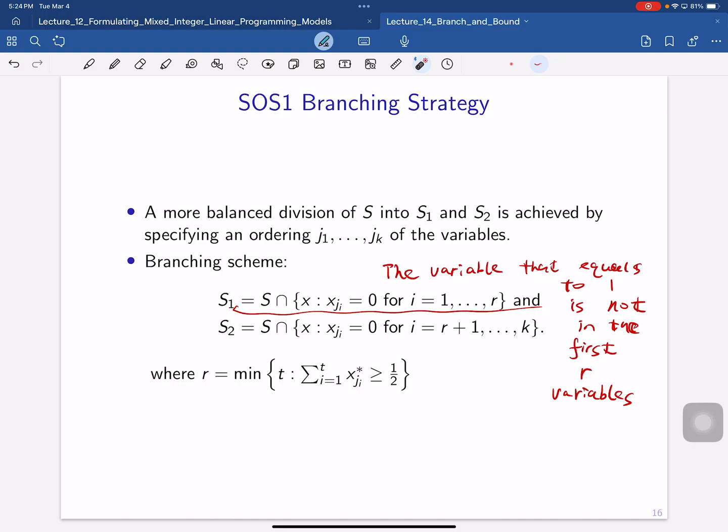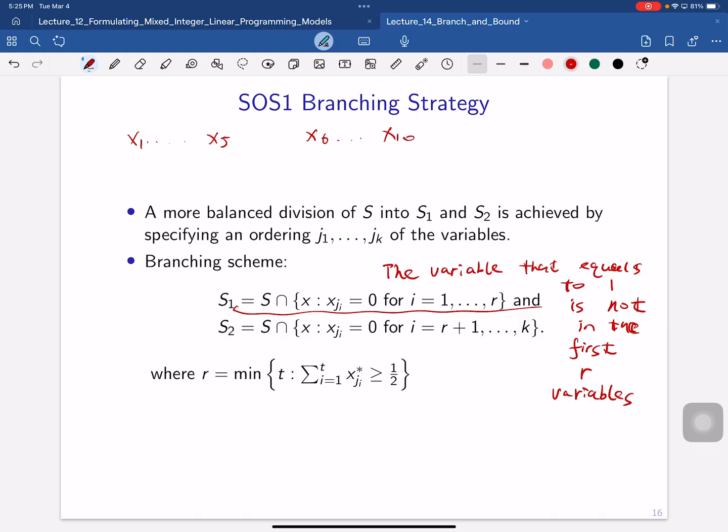Again, the idea of this branching rule is, let's think conceptually, right? How do we branch? Instead of just picking a variable and branching, because we have this SOS1 constraint, we know that only one of the binary variables will be 1. So now let's just break this set down into two parts. Let's say we have 10 binary variables, and assume R equals 5. Let's consider the first 5 binary variables x1 all the way to x5, and the rest being x6 all the way to x10.